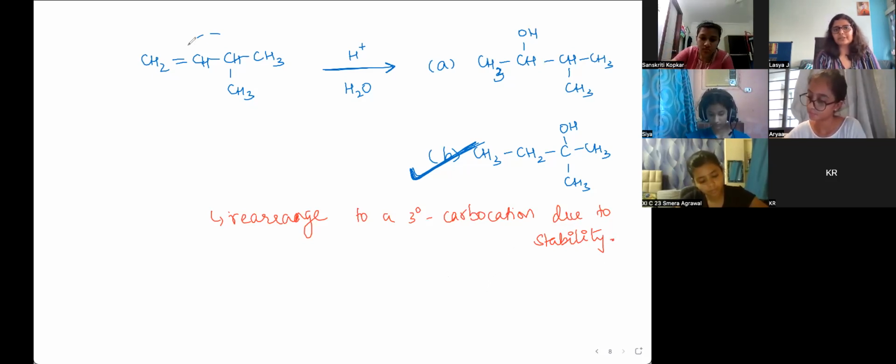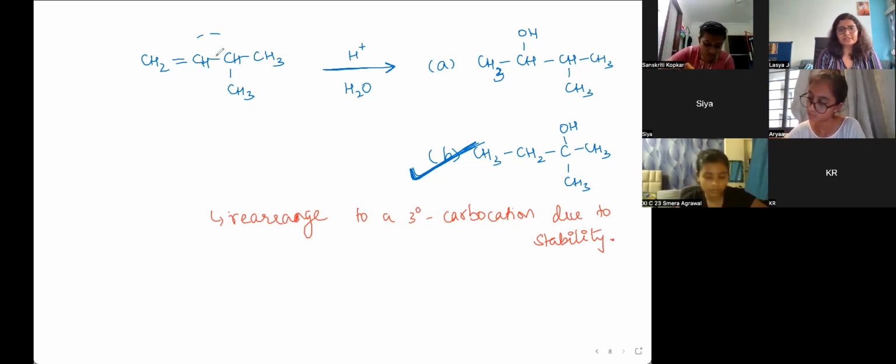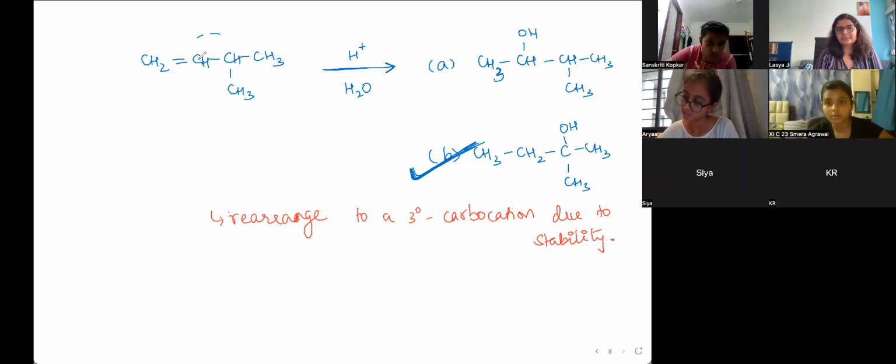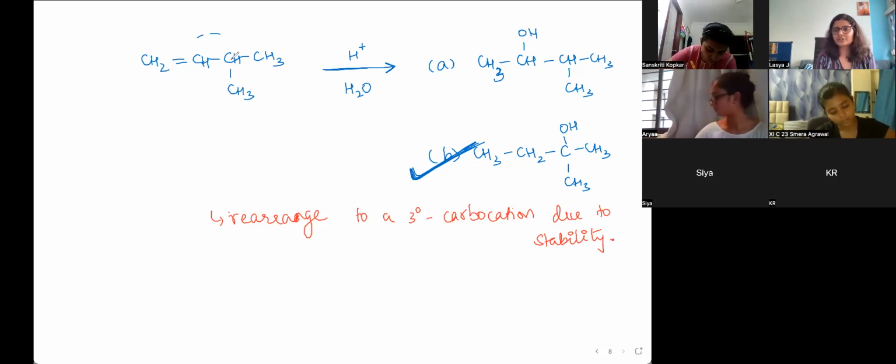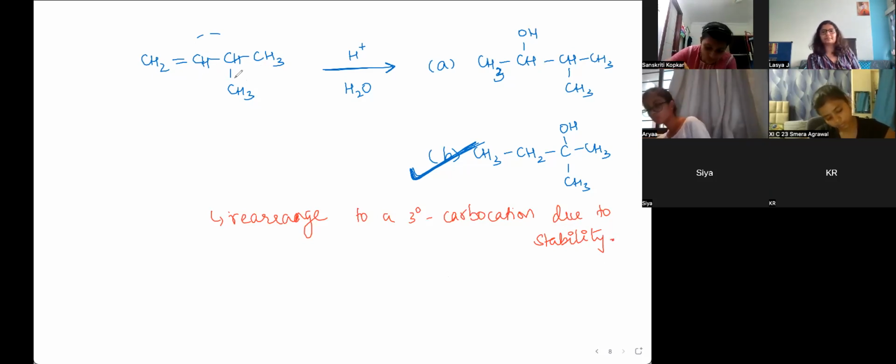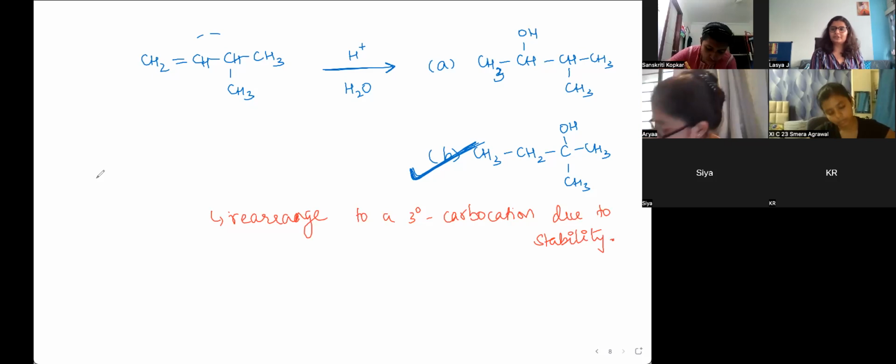So again, because it is adjacent, that is possible. But if this tertiary group was somewhere after 2 or 3 carbon atoms, then that would have been more difficult. That rearrangement won't happen. Because it is next to it, hyperconjugation, those effects will take place and that rearrangement will happen.